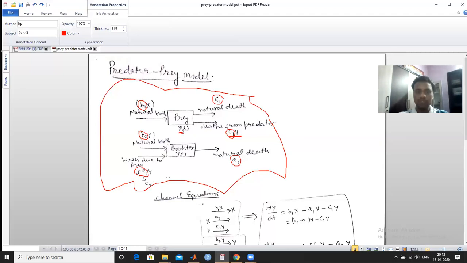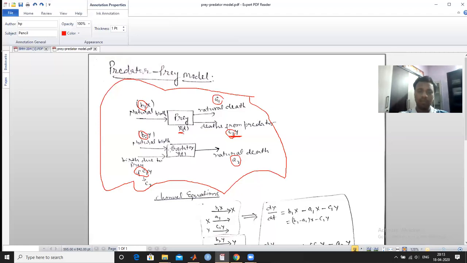So C1 and C2 are the rates. C1 is the death rate due to the predator, and C2, where C2 is F C1, is the birth rate due to the prey, for a single predator, the per capita birth.